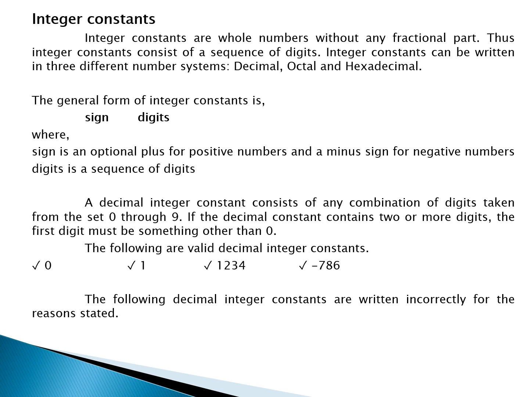Some of the invalid decimal integer constants are 12,100. Here it is invalid because we have written a comma. As I told, a constant cannot include any symbols other than an optional sign and digits.